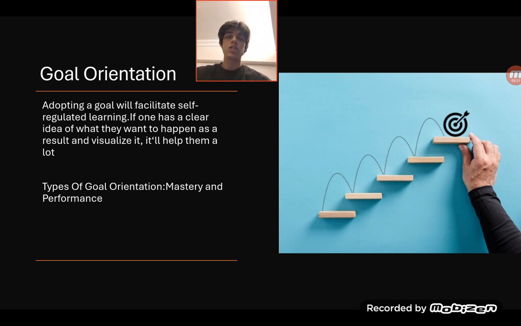Performance goal orientation focuses on demonstrating ability, outperforming others, and gaining external recognition. Students with this orientation are extrinsically motivated, and may pursue either showing superiority or avoiding failure and negative judgments.